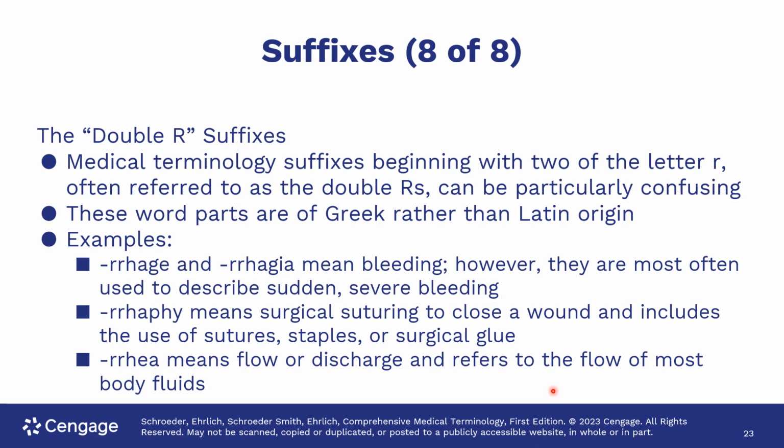So for example, rrhage is rrhagia, and I like to think of the two R's as a longer R, you know what I mean? Both of these things mean bleeding. Rrhaphy means surgical suturing, where you're closing a surgical opening. Rrhea means flow or discharge, like diarrhea.